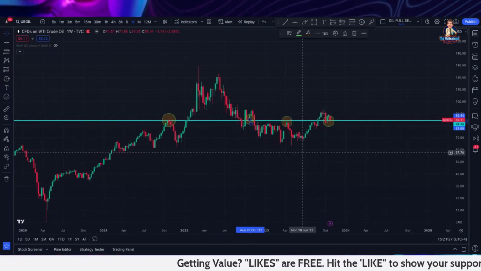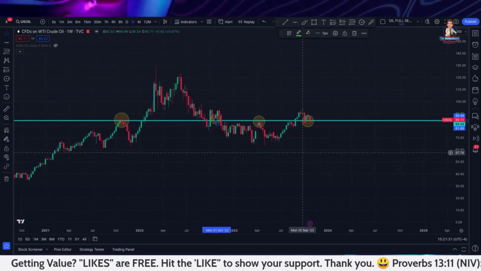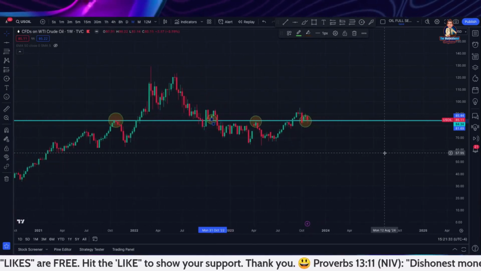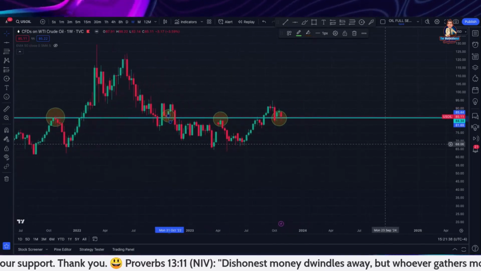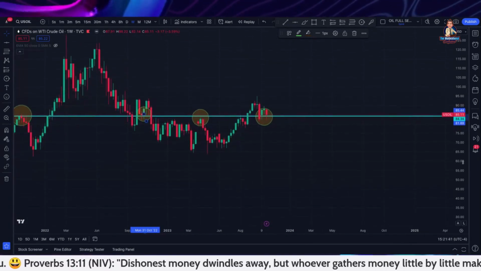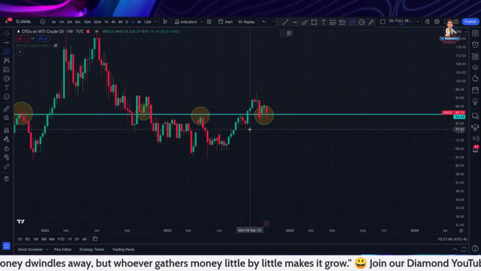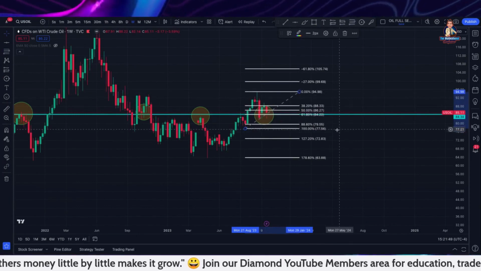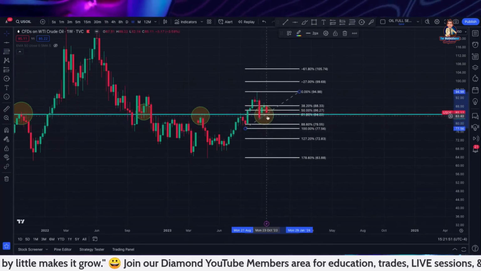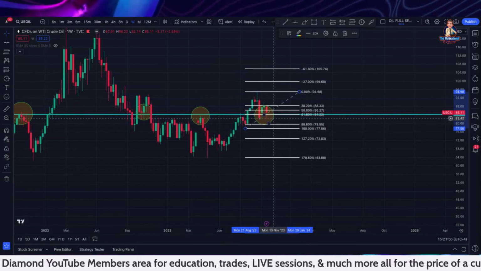Remember that zones are never a specific price point. They're an actual area. So we want to look at that because we have not closed lower over the last 3 weeks. Here on the weekly time frame, if we draw this Fibonacci level from our low to our swing high, we can see that we've rejected that 61.8 area several times.